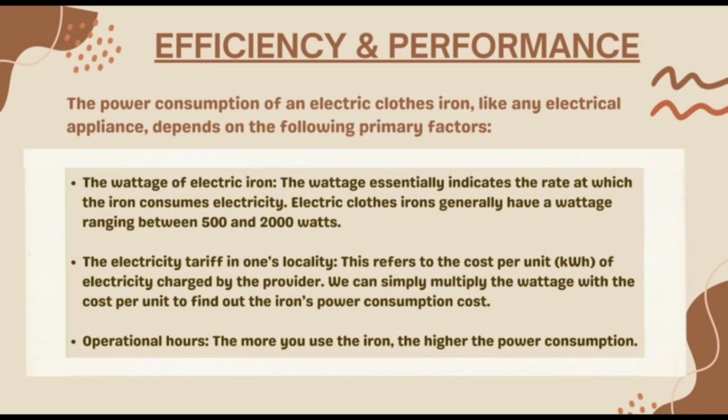The second, the electricity tariff in one's locality. This refers to the cost per unit of electricity charged by the provider. We can simply multiply the wattage with the cost per unit to find out the iron's power consumption cost. So, for the operational hours, the more you use the iron, the higher the power consumption is.